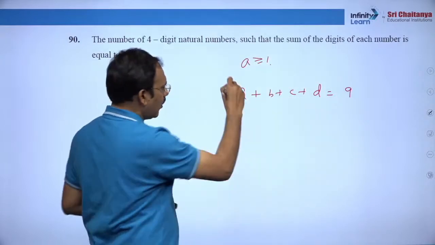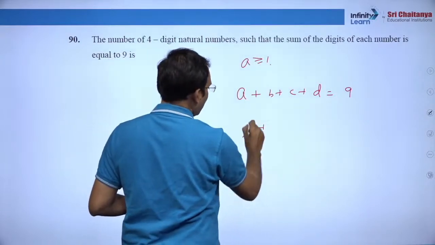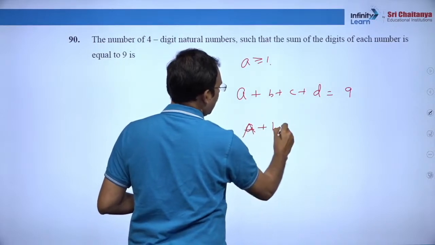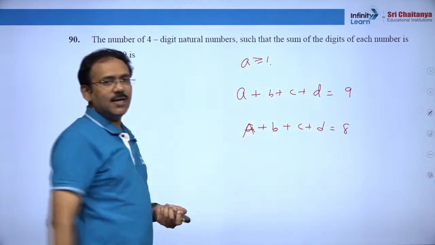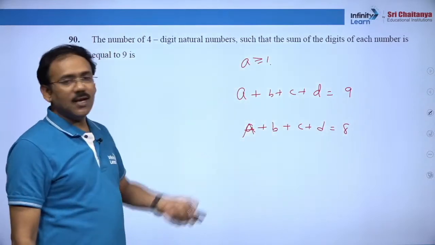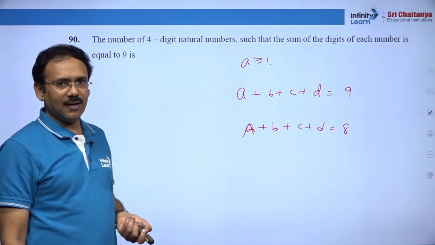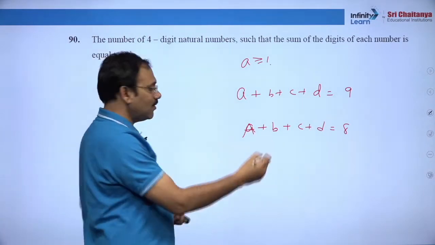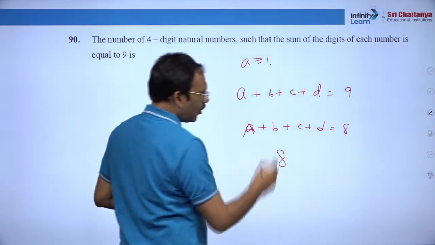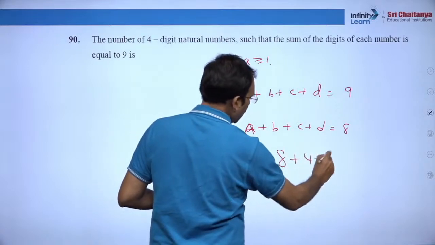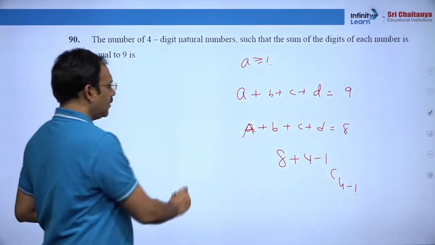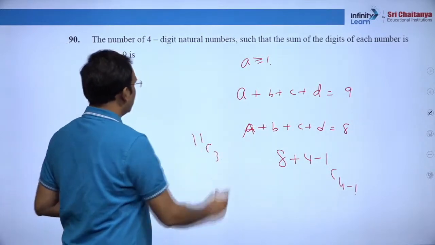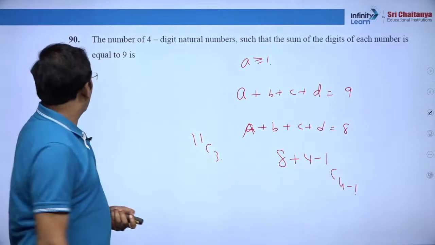So put one ball in this. So let me call it A plus B plus C plus D is equal to 8, because I have already given one ball in this. Now each entry can be 0 to n, any. So for the number of non-negative integral solutions, n balls are to be distributed into 4 boxes, n plus r minus 1 C r minus 1, that is 11 C3 is going to be the answer, my dear friends.